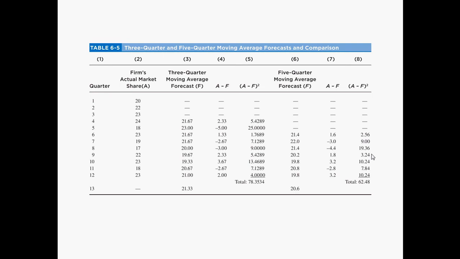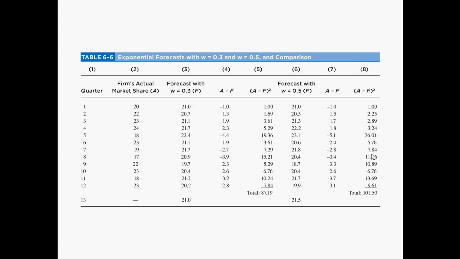A high value of W in exponential smoothing would make your sequence more volatile, more responsive to whatever the most immediate bit of evidence was.